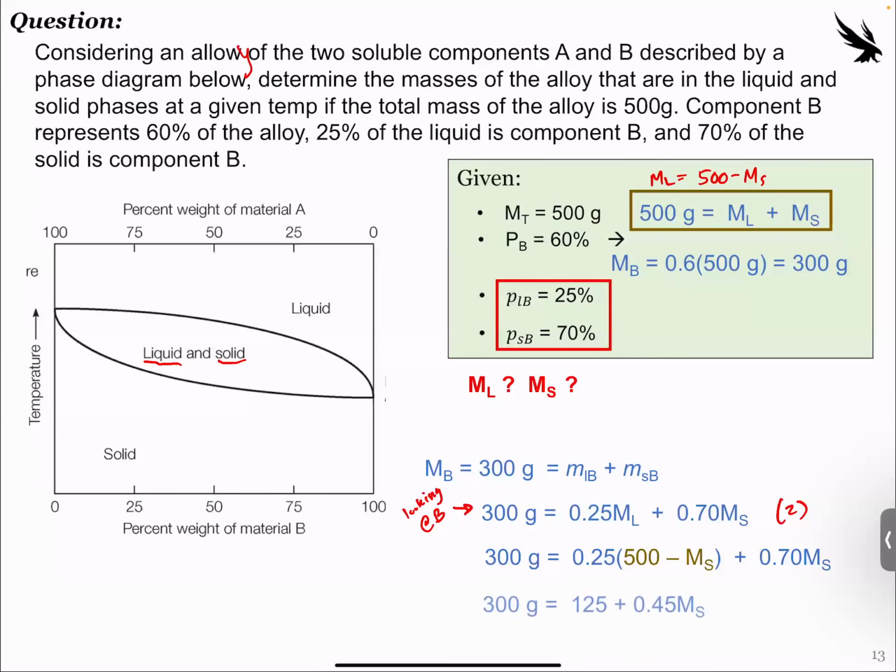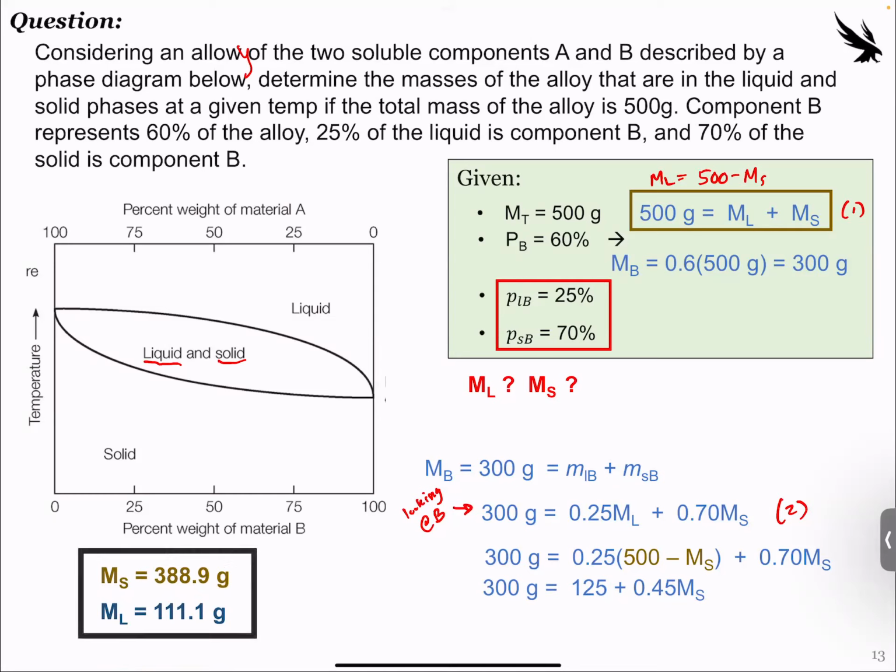So we solve for MS, making sure to factor out, everything okay, and that the math is correct. And when we solve for MS, then we can easily solve for ML from our first equation here. And we get the mass of solid is 388.9 grams, mass of liquid is 111.1 grams. That would be our answer there.